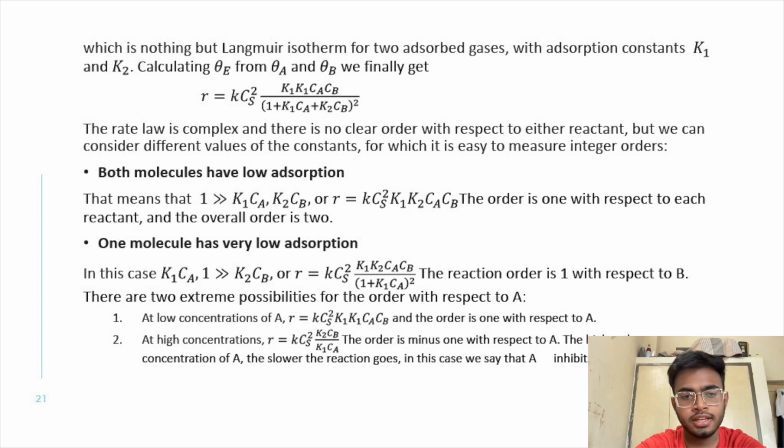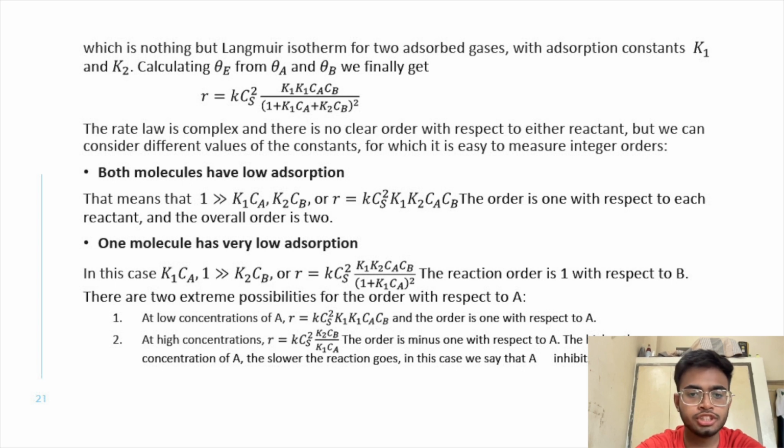Now we have case 2, where one molecule has very low adsorption. In this case, K1 times concentration of A is greater than 1, which is greater than K2 times concentration of B, so the rate expression simplifies to R is equal to K times concentration of S squared times K1 K2 times concentration of A times concentration of B divided by 1 plus K1 times concentration of A, whole squared.